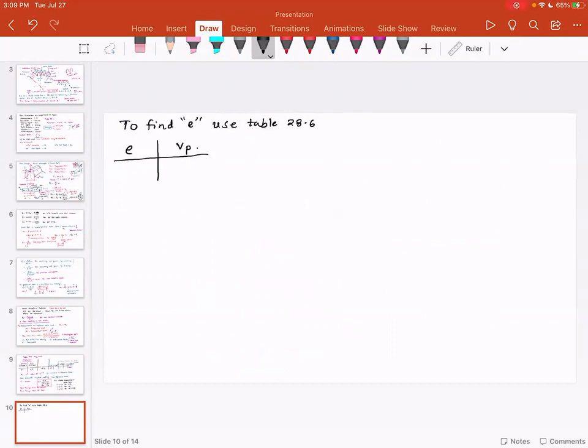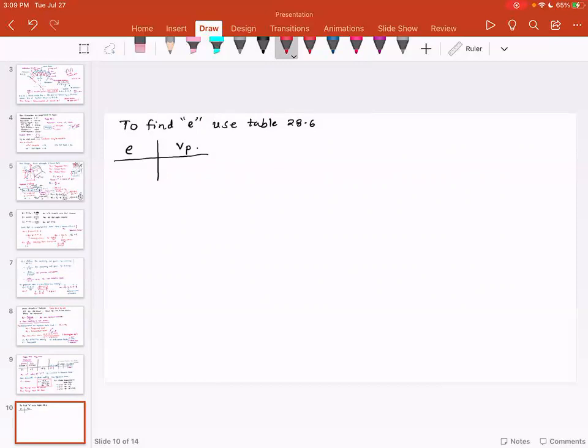So if you have commercially well-cut gears, then you have standard cutters that you use to cut the gears. You can refer to table 28.6, and that gives you the pitch line velocity and the error in action.